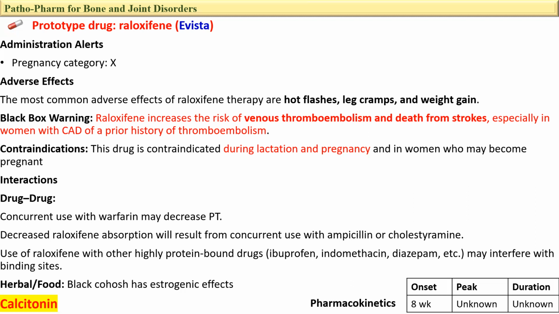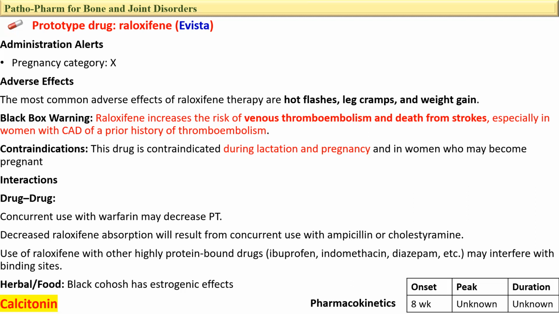Concurrent use of the drug with warfarin, Coumadin, may decrease prothrombin time, PT. Decreased raloxifene, Evista, absorption will result from concurrent use with ampicillin and cholestyramine.